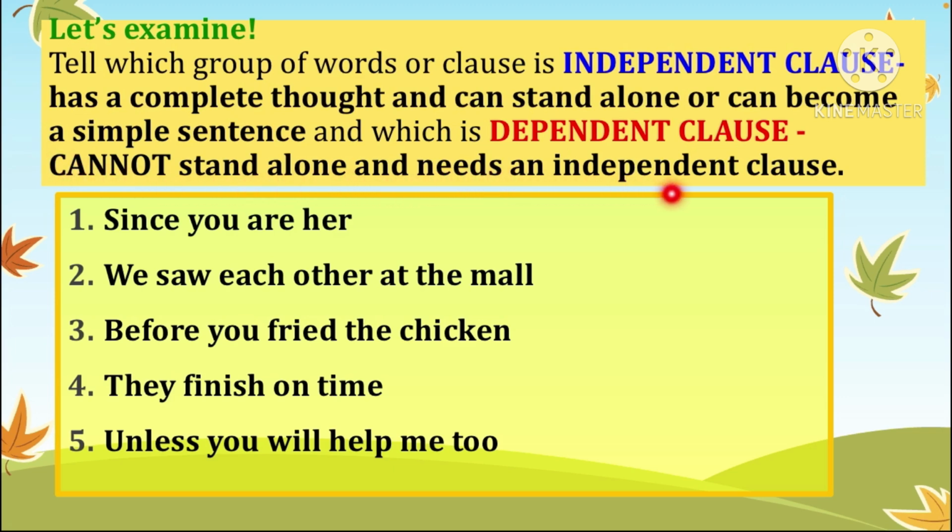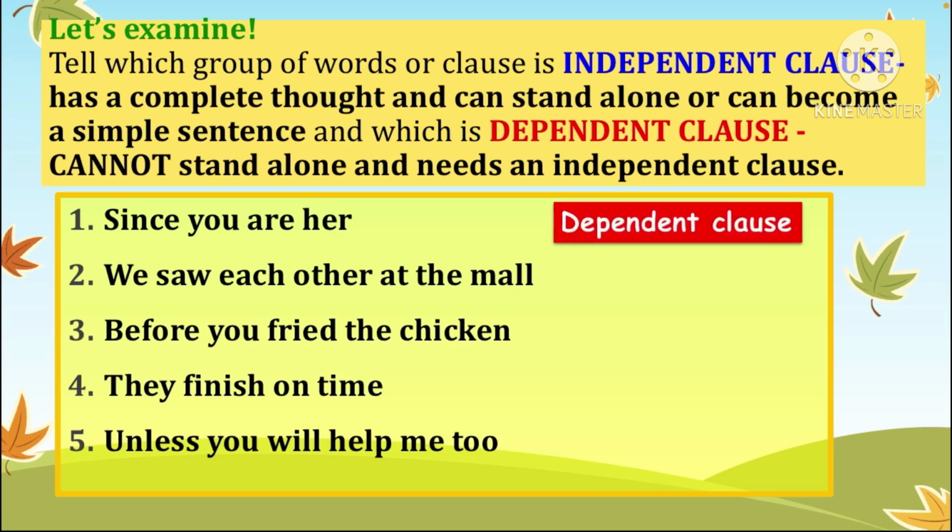It needs an independent clause to complete its idea. Now, let's observe. Number 1. Since you or her, is it independent clause or dependent clause? This one is dependent clause.